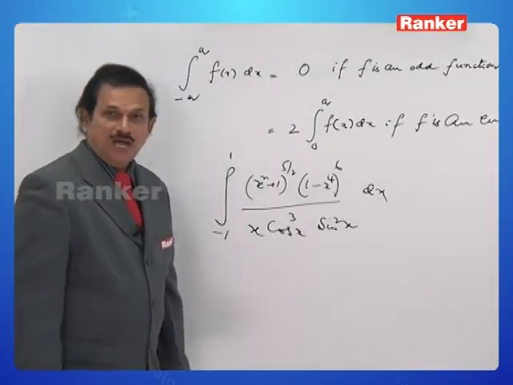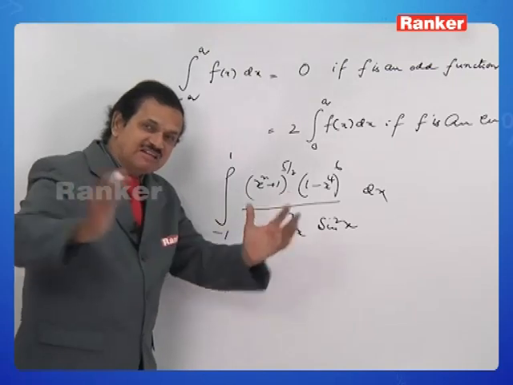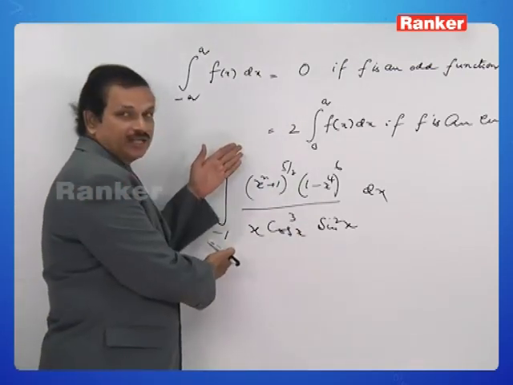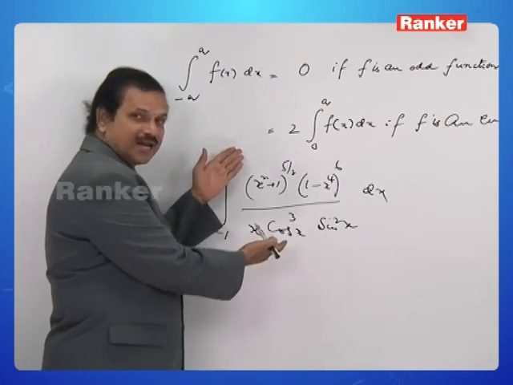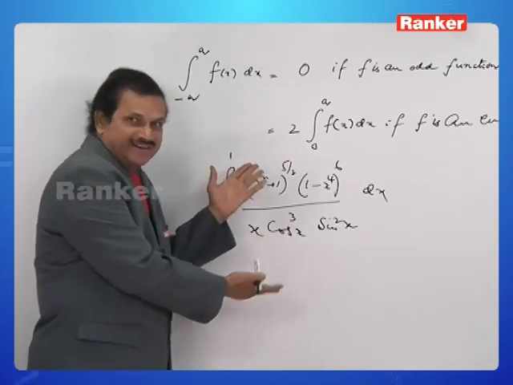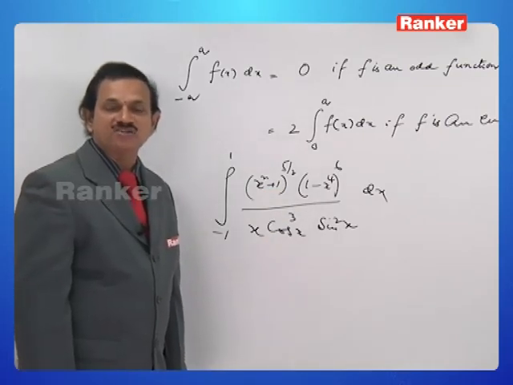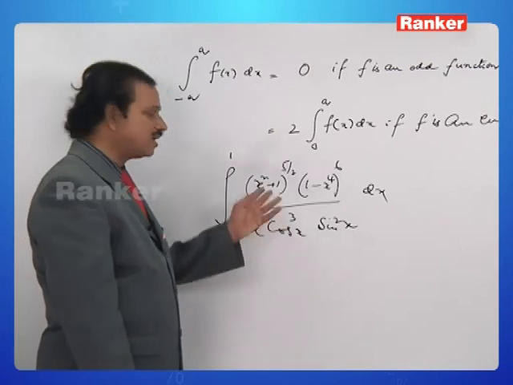Observe how bulky this problem is. If the limits are not given, can you directly solve this indefinite integral immediately? It is not so easy. I don't say that it is impossible, but it is not so easy.